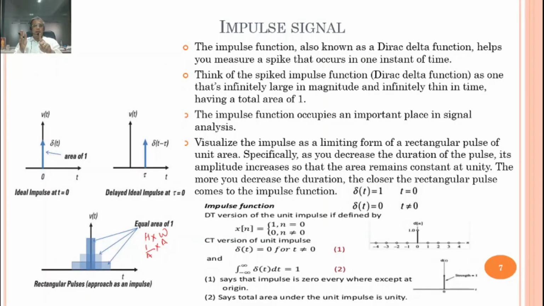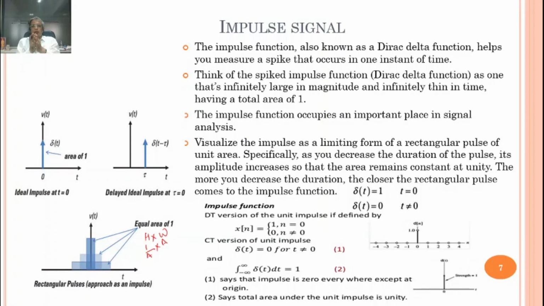And this signal exists only at t equal to 0, because we are decreasing the width of that rectangular pulse, and at t equal to 0 that signal becomes the impulse signal.